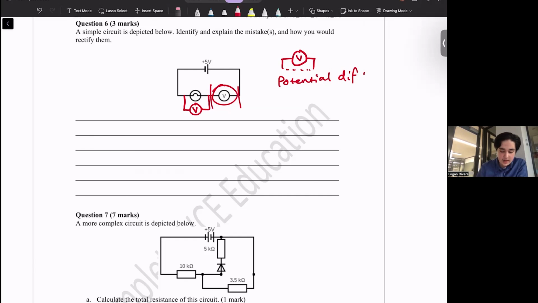Not to mention that a voltmeter usually has quite a high resistance as well. And the reason for that is to stop electricity flow from going into this branch here and instead just going straight instead. So the voltmeter is in series. That's our first point. That's 1 mark.